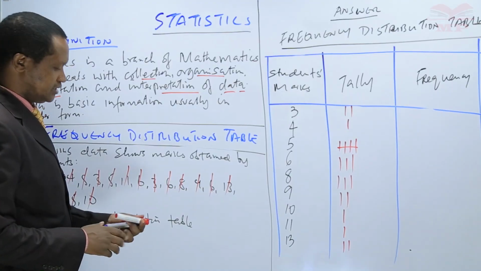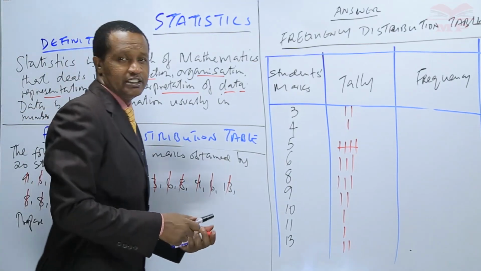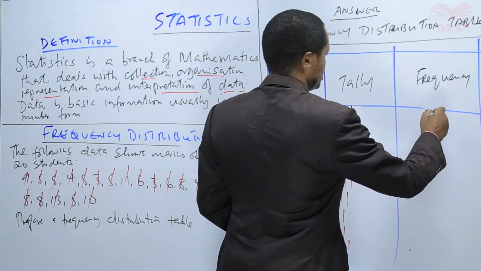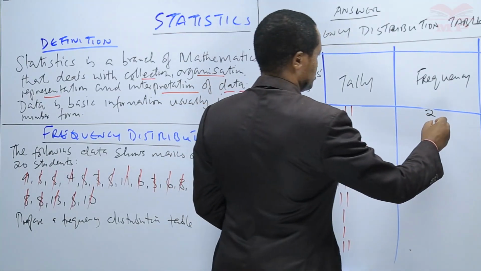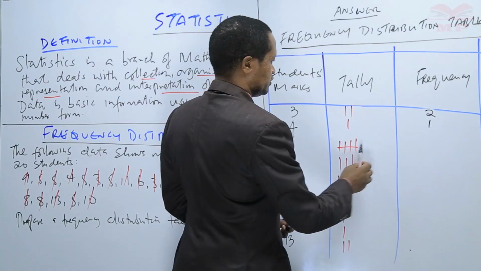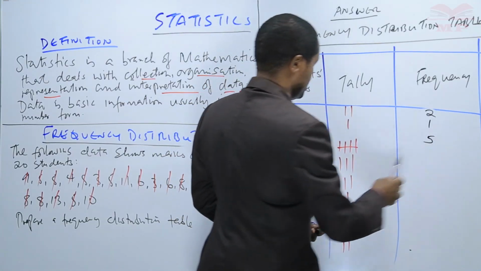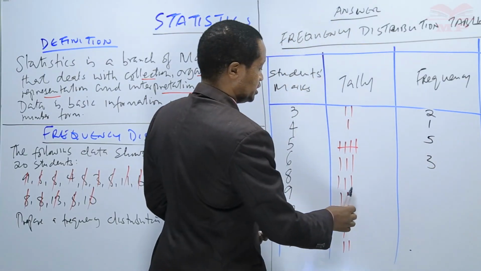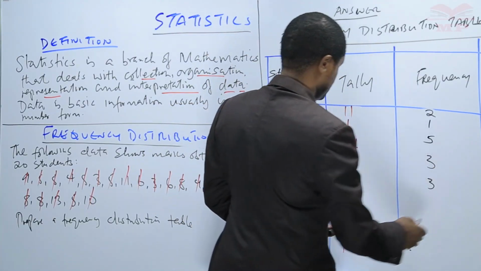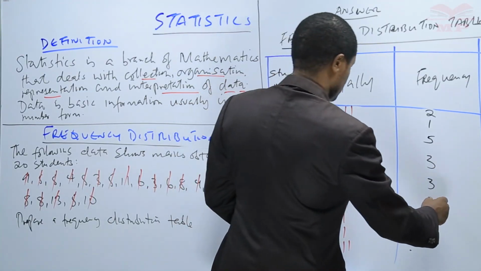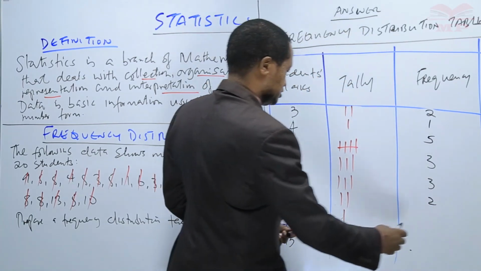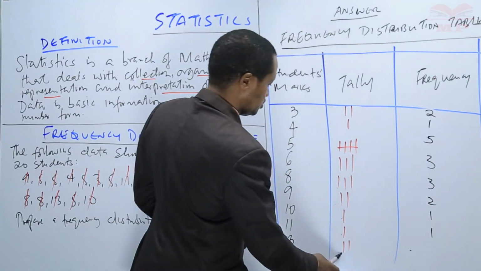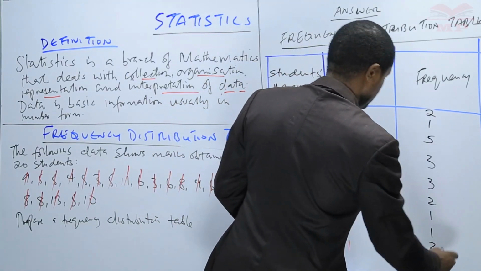So we now count the tallies. Count the strokes. 1, 2, we write under frequency 2. Then 1, 5, 3, 3, 2, 1, 1, 2.